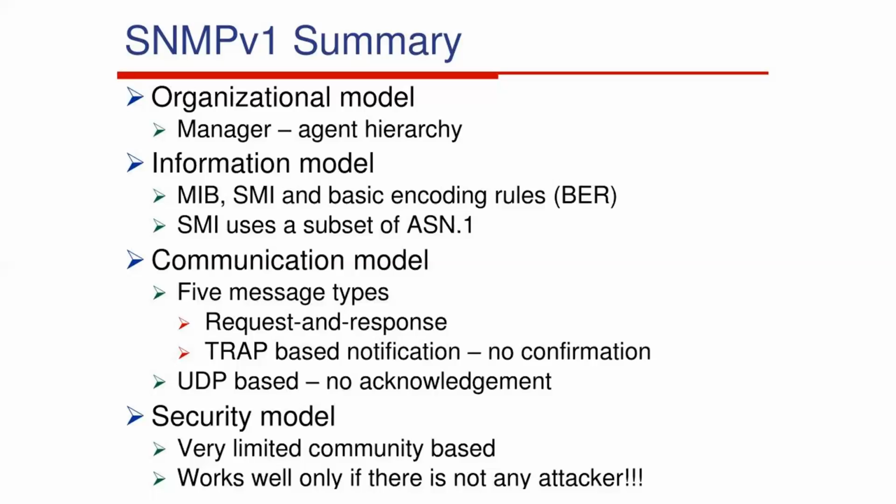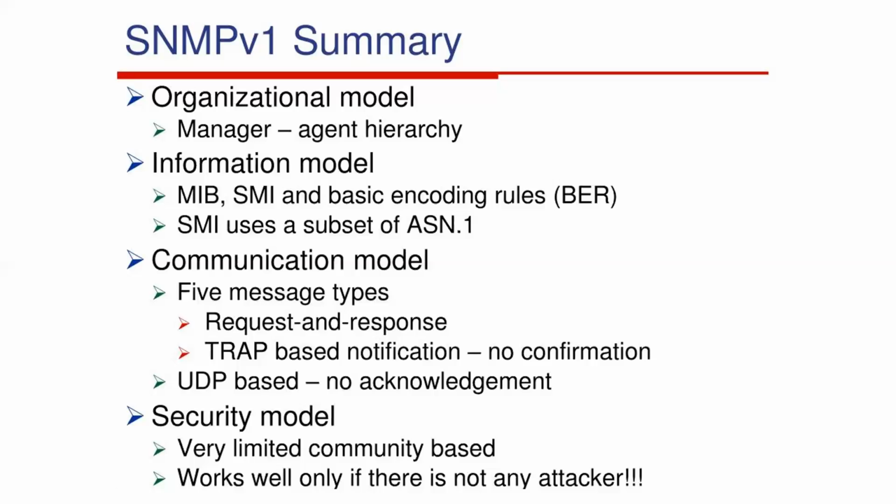Then in the information model, what are the different types you are going to handle, like MIB, SMI, and basic encoding rules like BER, right? SMI uses a subset of ASN.1. These are basic things. Then the third classification of version 1 is the communication model.